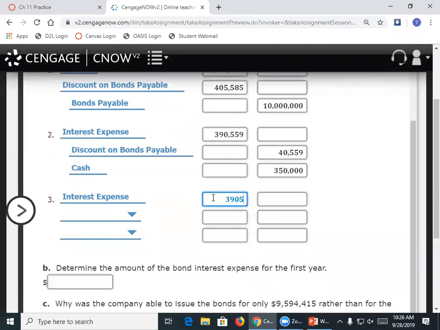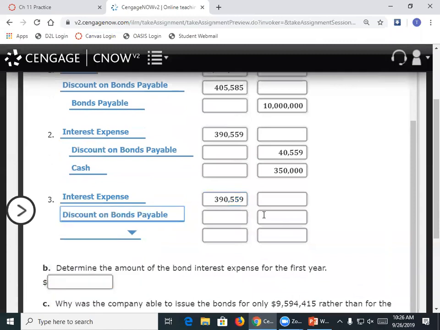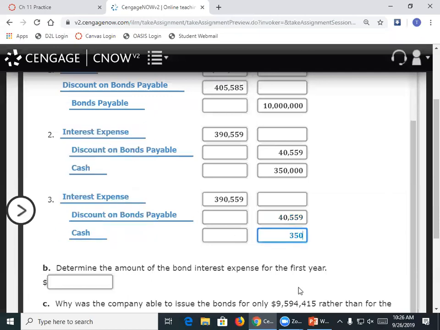Interest expense debited, $390,559. Discount on bonds payable is credited, $40,559. And cash is credited, $350,000. That's the same journal entry every 6 months for 5 years.